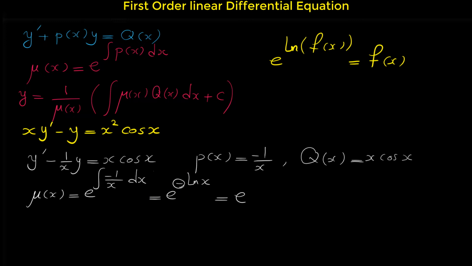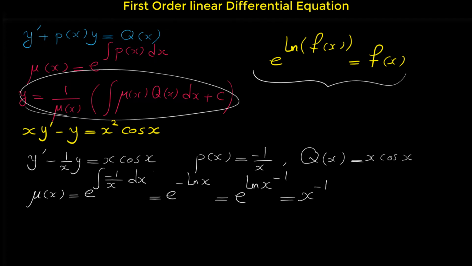We can move this negative to the power of x. Logarithmic functions have this property that we can bring the power to the front, or we can bring the coefficient to the power of the expression. So we can write e to the negative ln of x as e to the power of ln of x to the negative 1. And now if we use this property, e to ln of any expression equals the same expression. So this equals x to the negative 1. So the integrating factor is x to the negative 1.